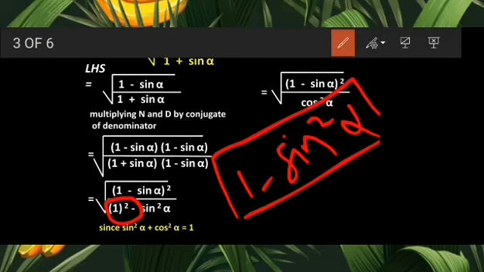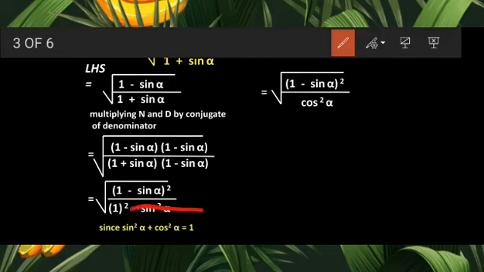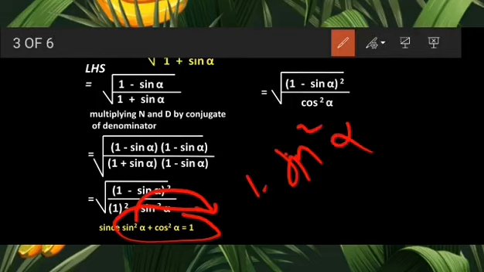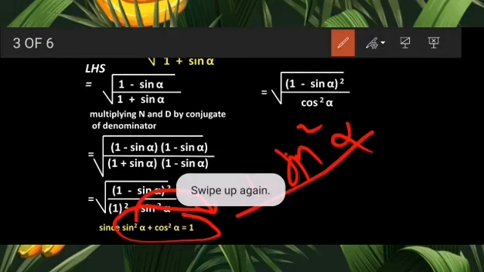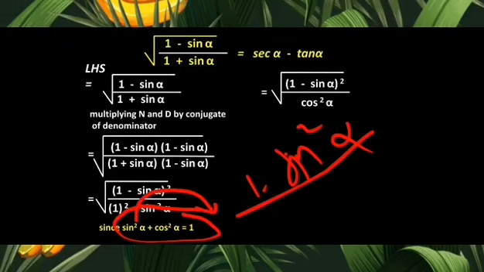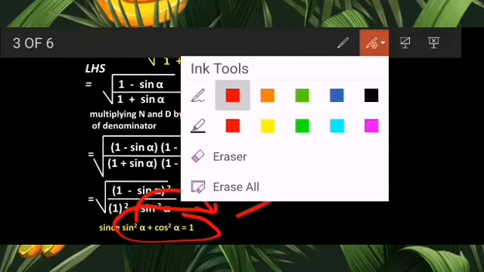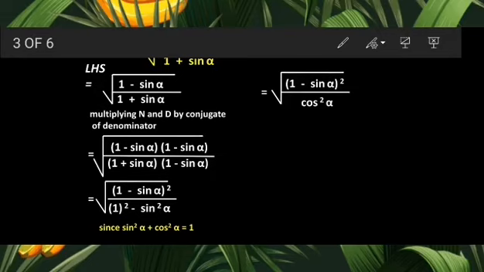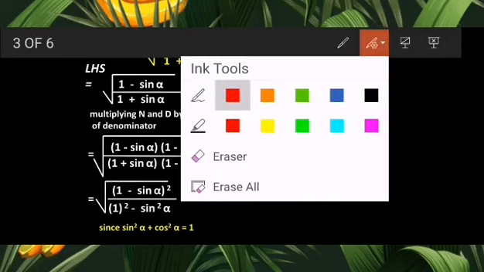And this 1 minus sin square alpha is nothing but cos square alpha. And how can we say this is cos square alpha? If you observe the identity over here, and shift this sin square alpha towards the 1, we get 1 minus sin square alpha, and on the LHS cos square is remaining as it is, correct? So you can say 1 minus sin square alpha is nothing but cos square alpha, and that only term I have used in the next step.